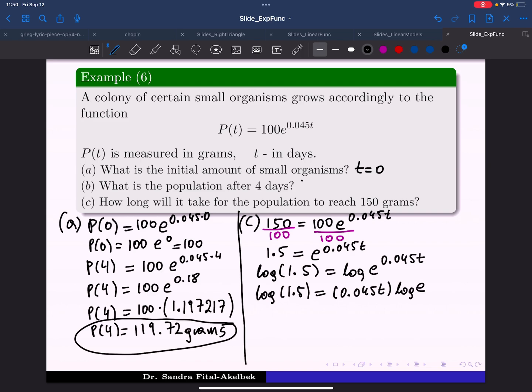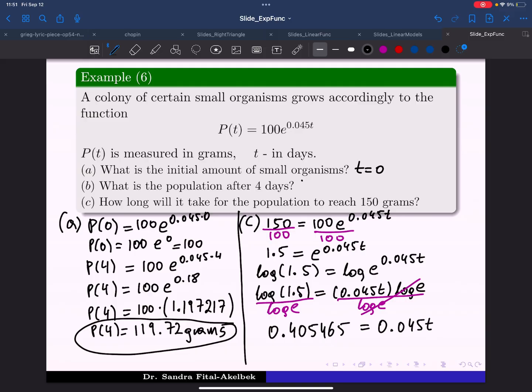We can divide both sides by log e. This would cancel out. And if I divide this, 0.405465 is equal to 0.045t.